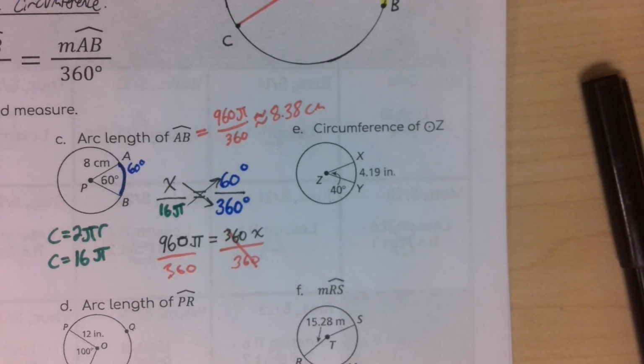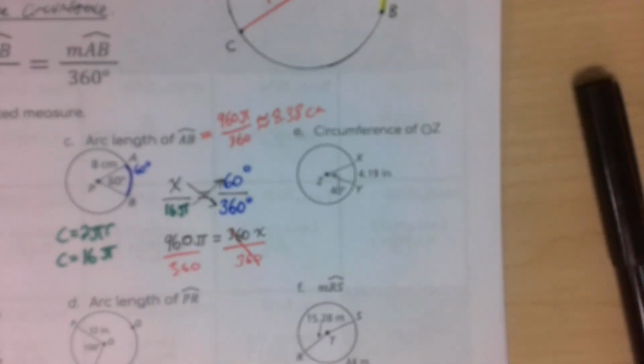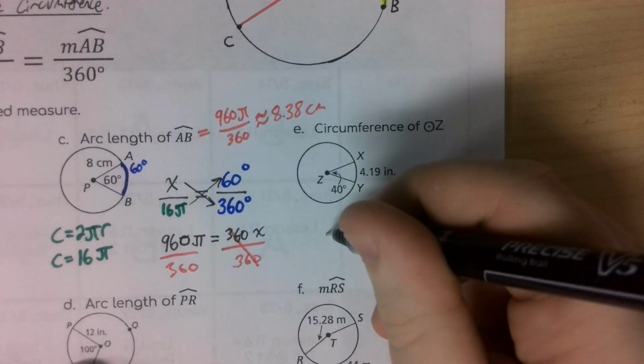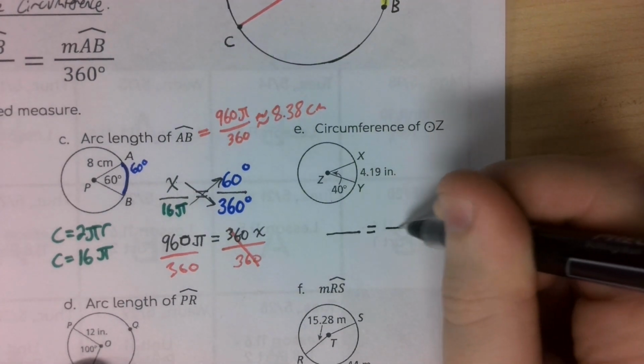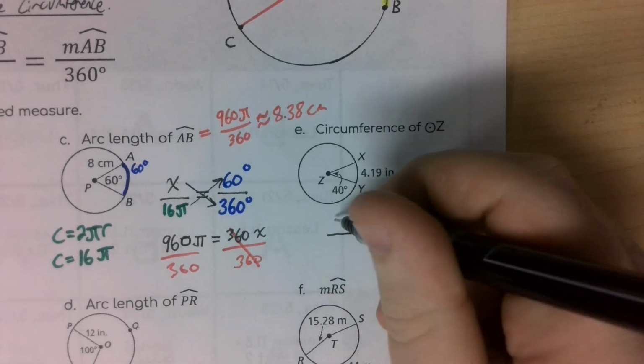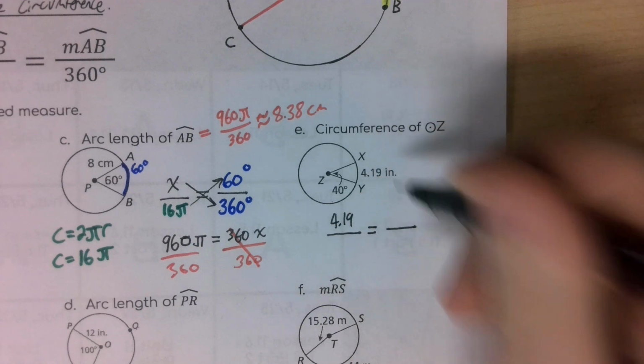This time, part E is asking for the circumference of circle Z. So we can still set up our proportion. It's just the stuff that we know and don't know are going to be a little bit different here. In this case, do we know the arc length? Well, we actually do. The arc length is going to be 4.19 because it's given to us.